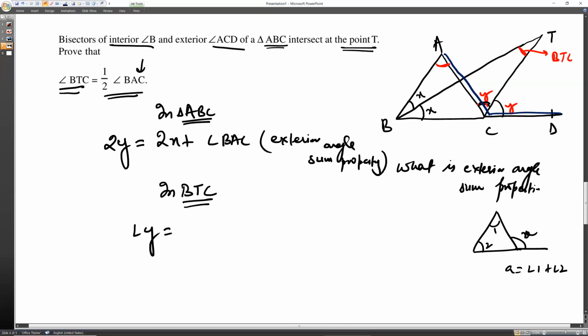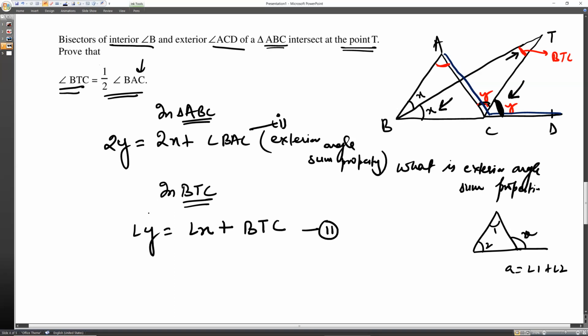You know that this angle is Y. So this angle Y will be equal to this angle X plus angle BTC. This is the second equation and this is your first equation.